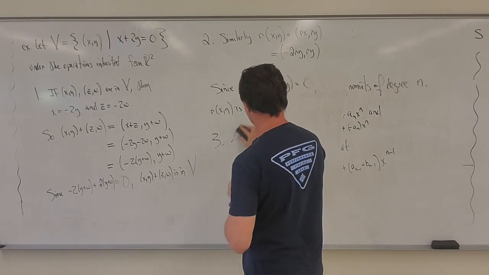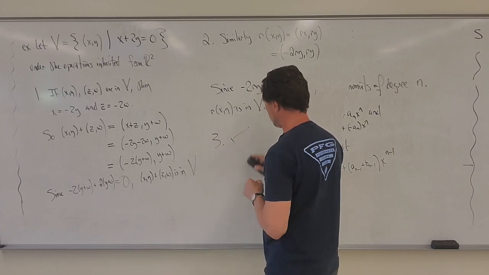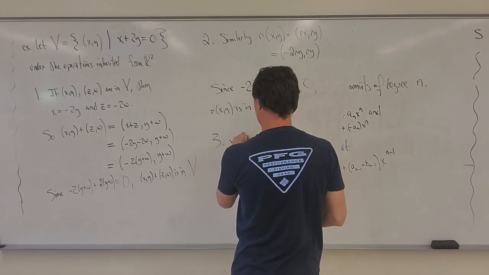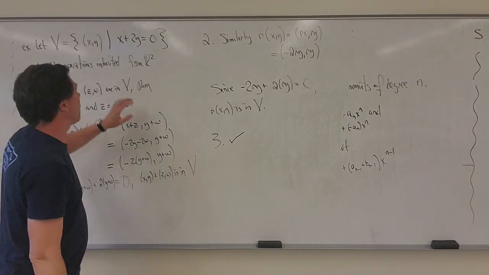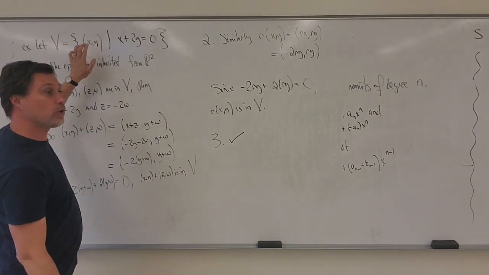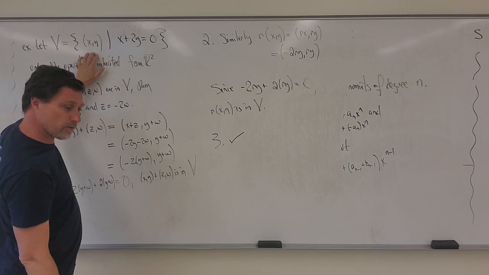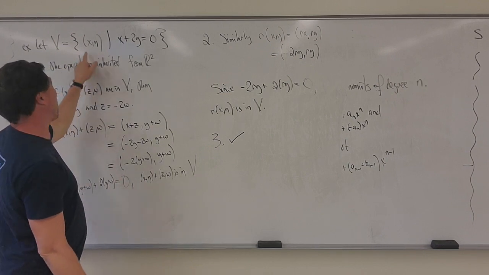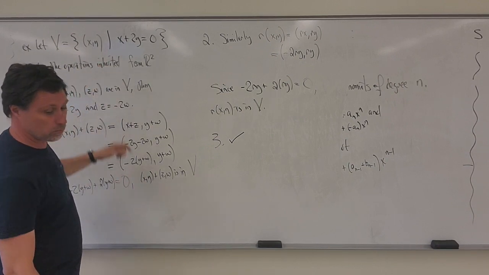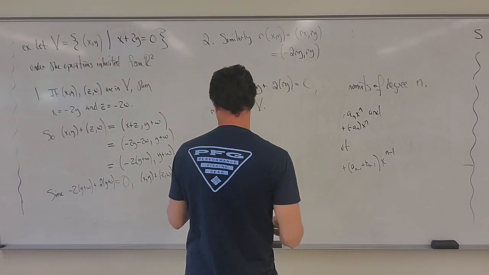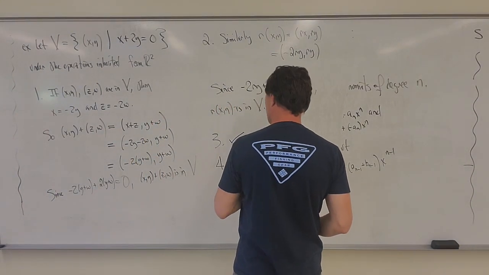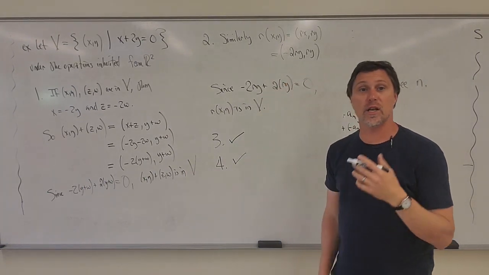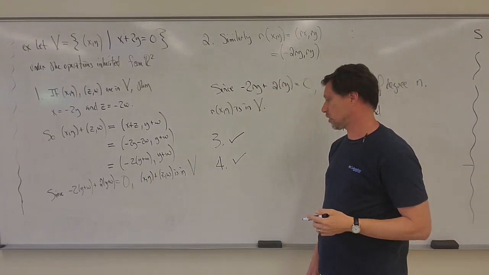We already know that addition of vectors in R2 is commutative. And so if I choose these guys, these are in R2, right? Doesn't matter what order we do.